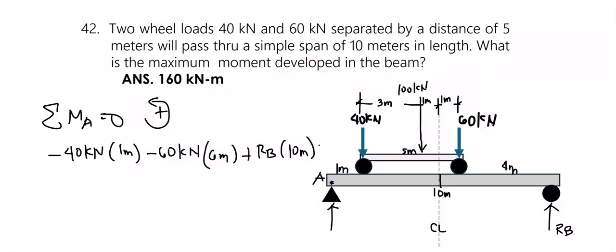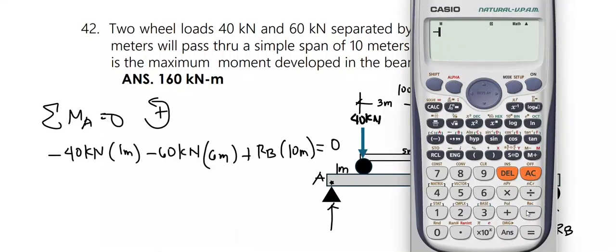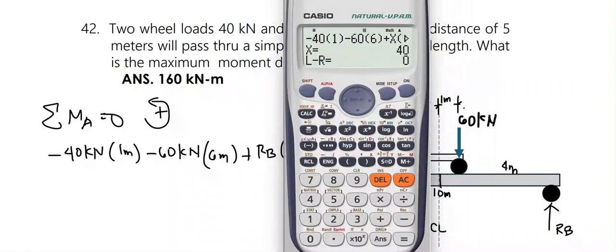It's positive since it's acting in the counterclockwise sense, all equal to 0. We have RB equal to 40 kN.